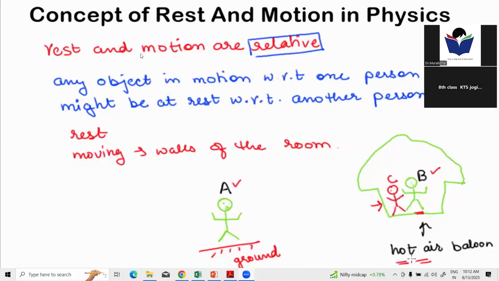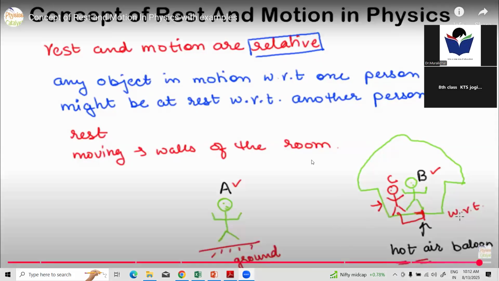This is because both of them are sitting inside the balloon and both are not moving with respect to each other as time passes. So both rest and motion are relative and depend on with respect to which object or body we are observing it.